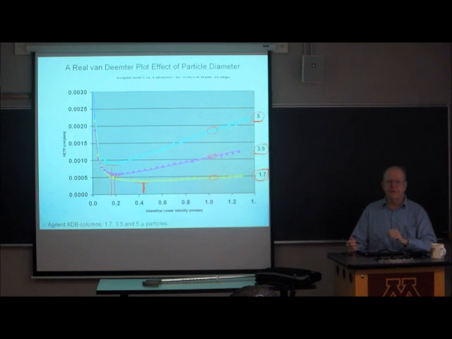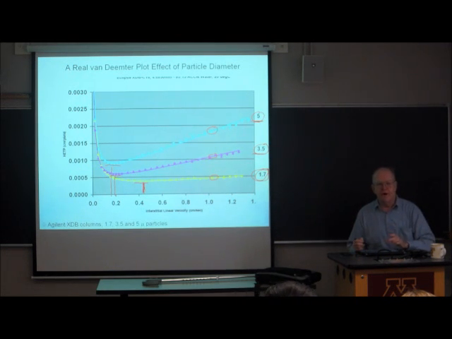A rational question is, why did it take them 10 years to get from here to there? The answer is that the pressure drop on the column goes pretty closely with the square of the diameter of the particles. As you make the particles smaller, the required pressure drop gets higher and higher.